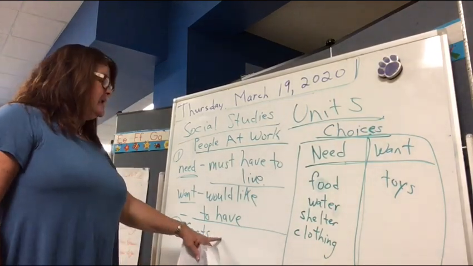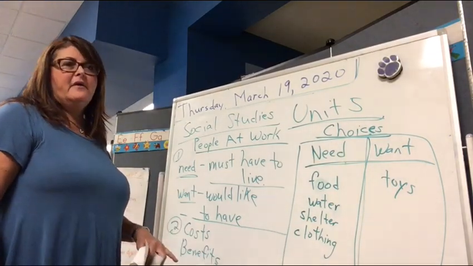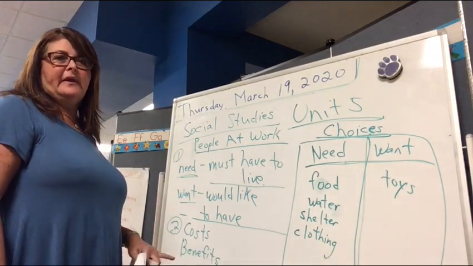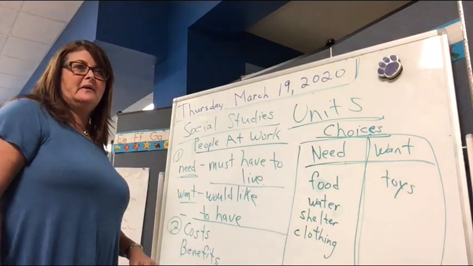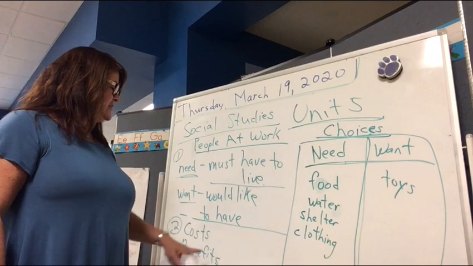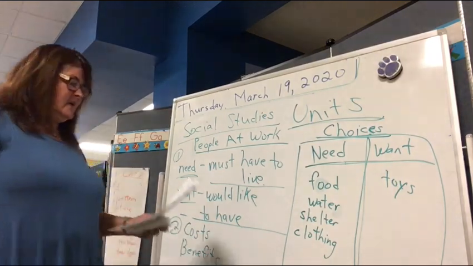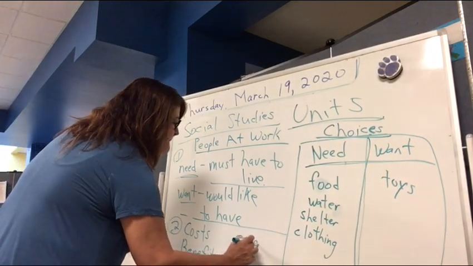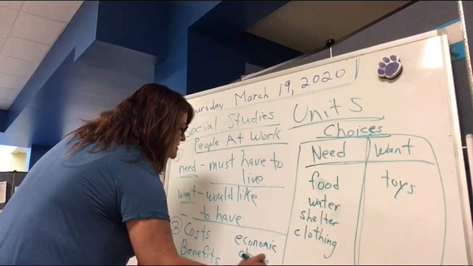If you buy not expensive food, like fast food or something, maybe that would give you a bellyache. Maybe the expensive food would give you a bellyache. Maybe it's too rich and creamy. So what are the costs and benefits of your economic choice?